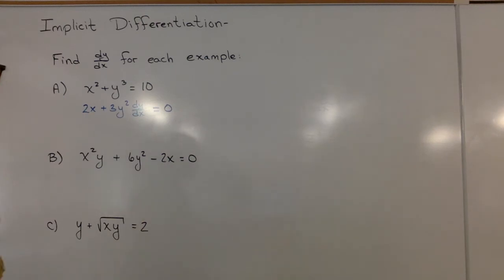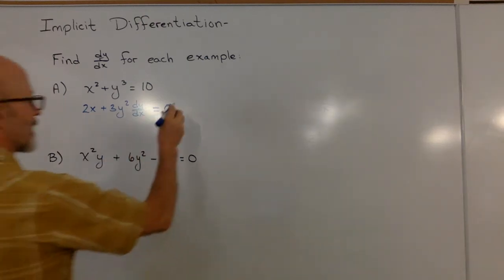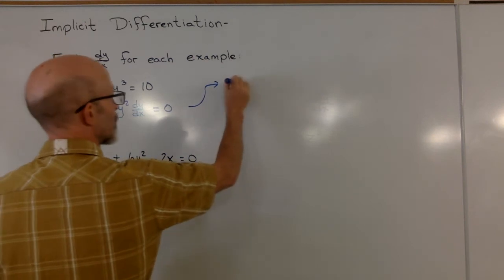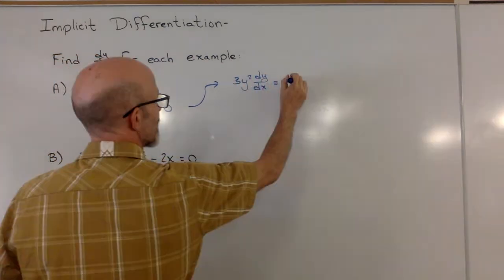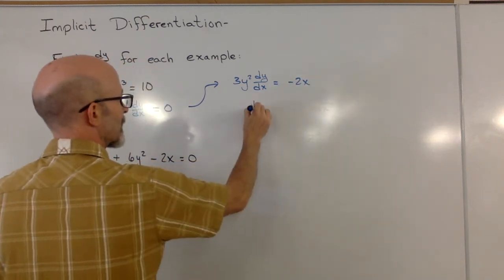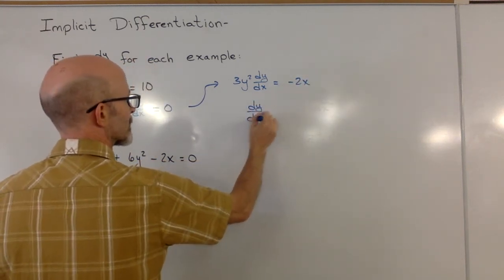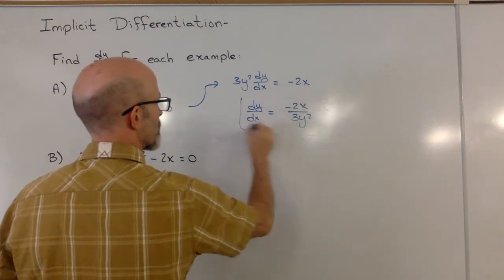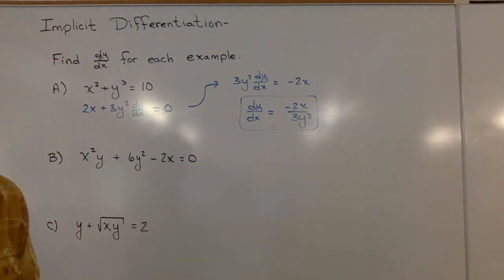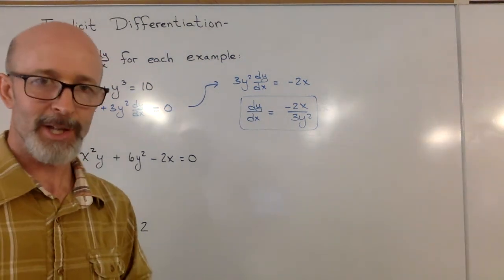And now, the only thing you have is a little bit of algebra. So, move everything that doesn't have a dy dx onto one side, and then divide to solve. Now, does that look like a function?